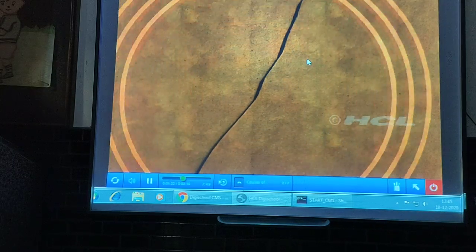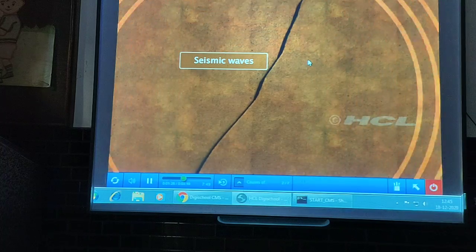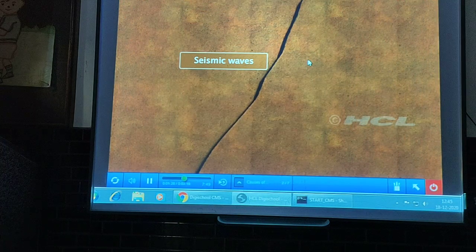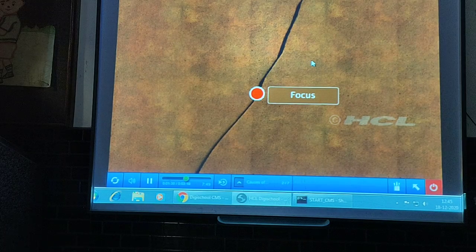This disturbance generates waves referred to as seismic waves. These waves travel at a very high speed. The point from which the disturbance originates is called the focus.